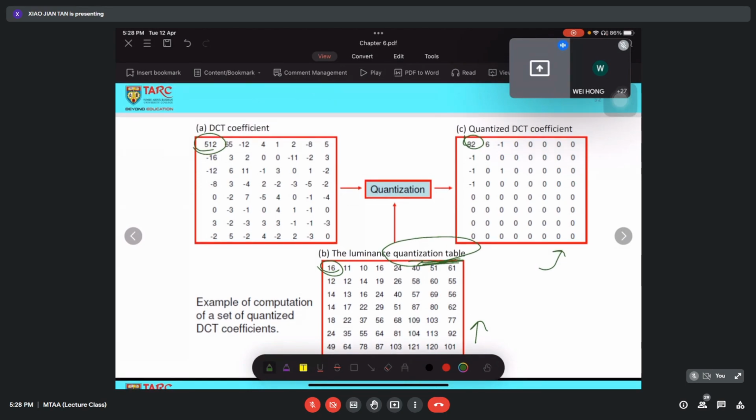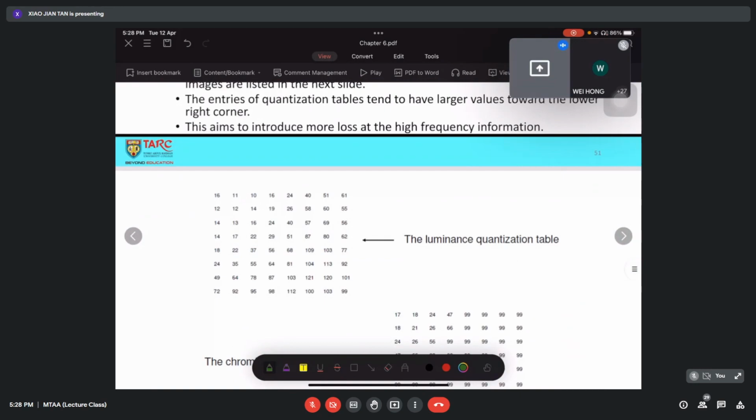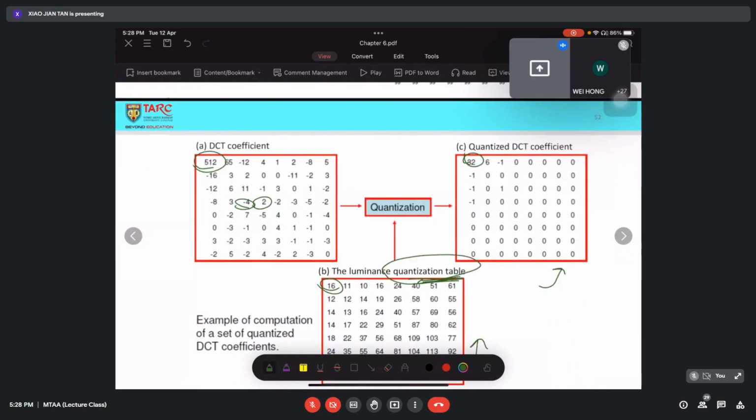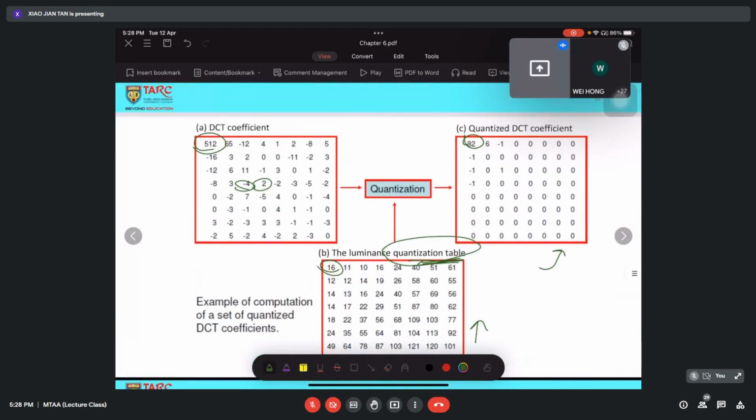During the block shifting step, you would get negative values, so do not be surprised when you have a negative value. That is the only step where you will get a negative value. After performing the quantization, you have two different kinds of values: DC, which is this one, and the rest are AC.